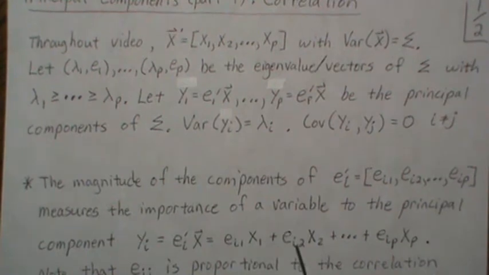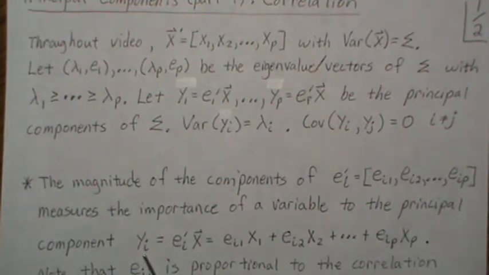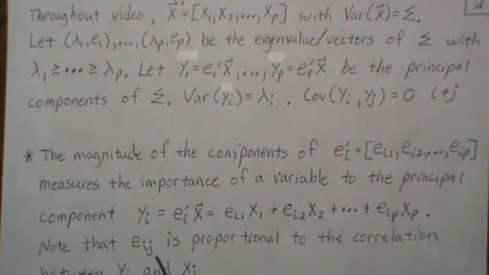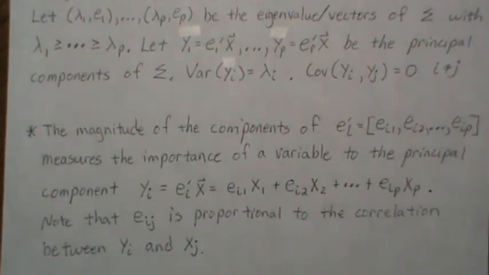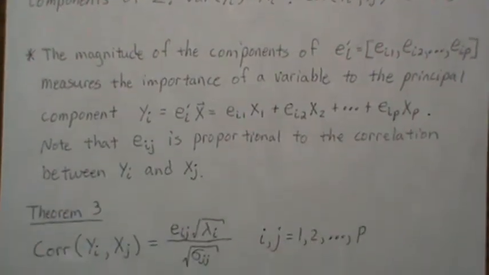If a coefficient is relatively small, then that variable doesn't contribute much to the principal component. If it's large, then it contributes a lot. And in fact, note that the component eij is proportional to the correlation between that principal component and the jth variable. And that leads to our next theorem.